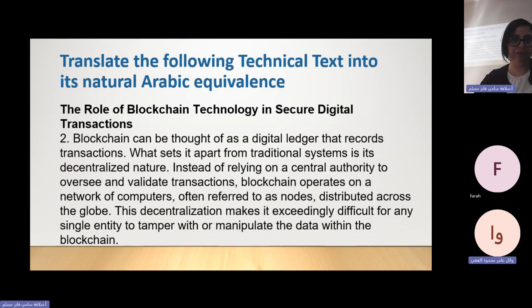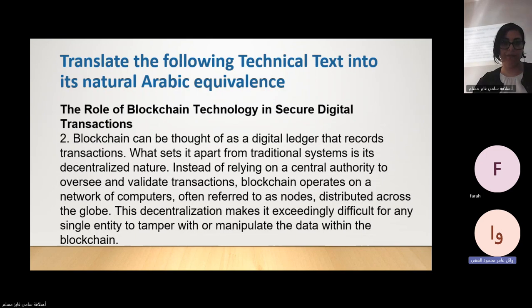Okay, yes. بدلا من الاعتماد على السلطة المركزية. Yes, central authority سلطة مركزية. للإشراف والتحقق to oversee and validate للإشراف والتحقق من المعاملات. Exactly.